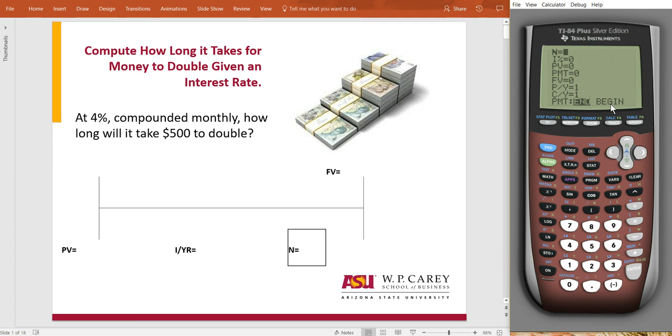Okay, well let's look at this first question. It says, compute how long it takes for money to double given an interest rate. Okay, at 4% compounded monthly, how long will it take $500 to double? So let's write this out.